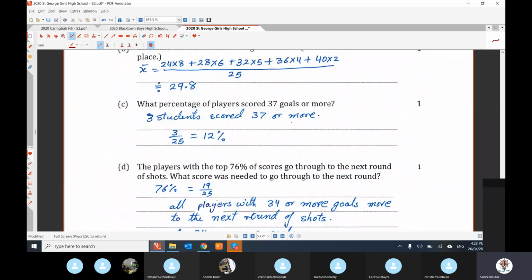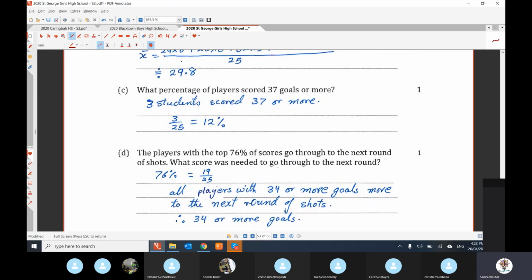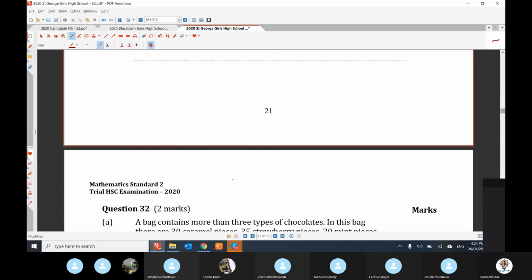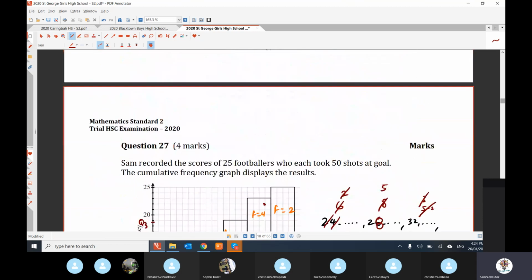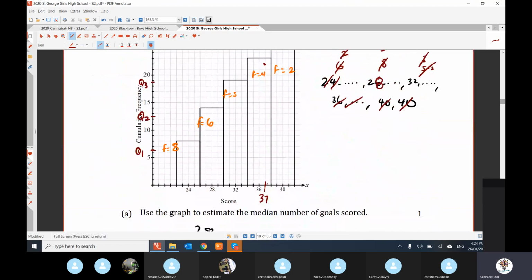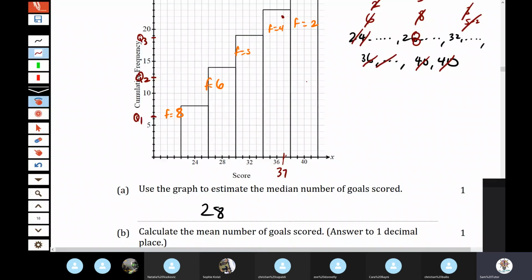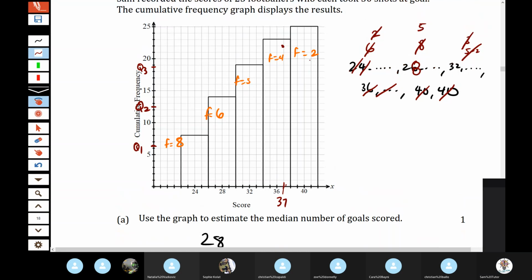Three students scored 37 or more, 3 out of 25. Interesting. Let's go back and think for a second. 2 students scored here. Why are they saying 4 students? There was a frequency of 4.